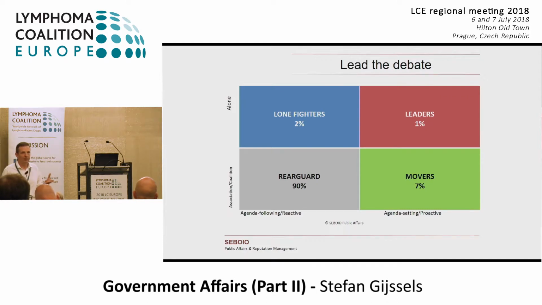So I think in any campaign, you look at all the topics, all the objectives that you would like to achieve, and then you have to decide, what do we champion? What can we do on our own? And where do we work with the broader cancer patient organizations or the broader patient organization, or together with other selected groups? I think the worst place to be here, I mean, this is a little bit where Monsanto is, right?